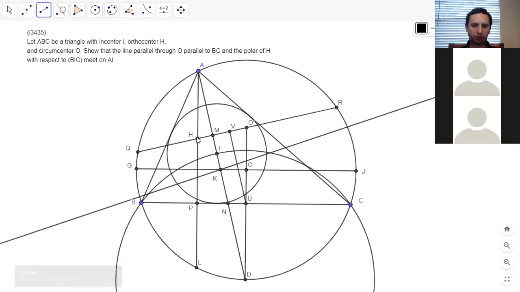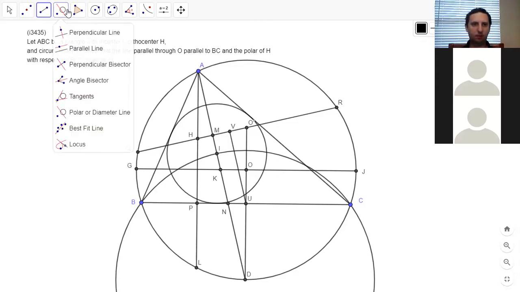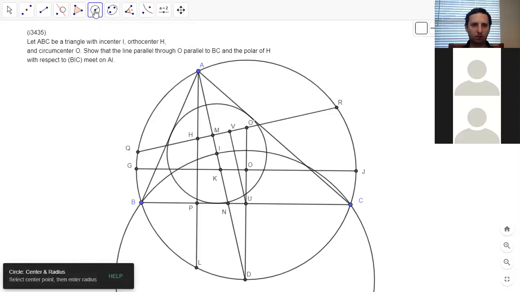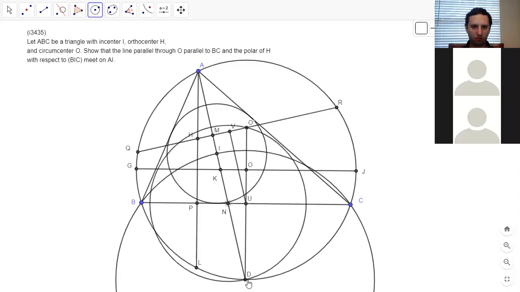Sorry, I'm going to erase this in just a second. But yeah, N is not the midpoint of DM.